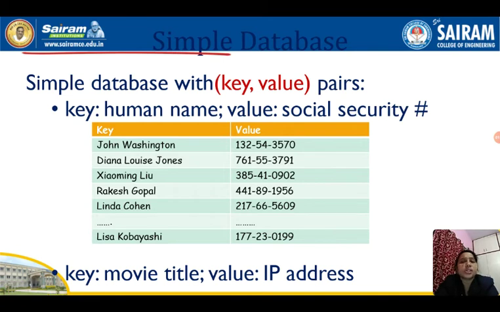So the key here is the Aadhaar number and the value may be the name or address. This is what a key-value pair is. Here they have given this example: the key is the name, John Washington, and the corresponding value is his SSN number.